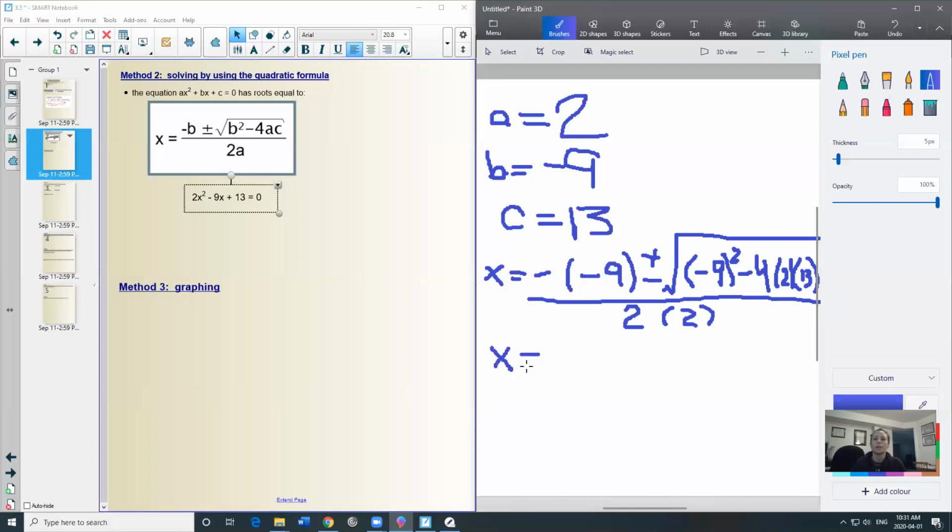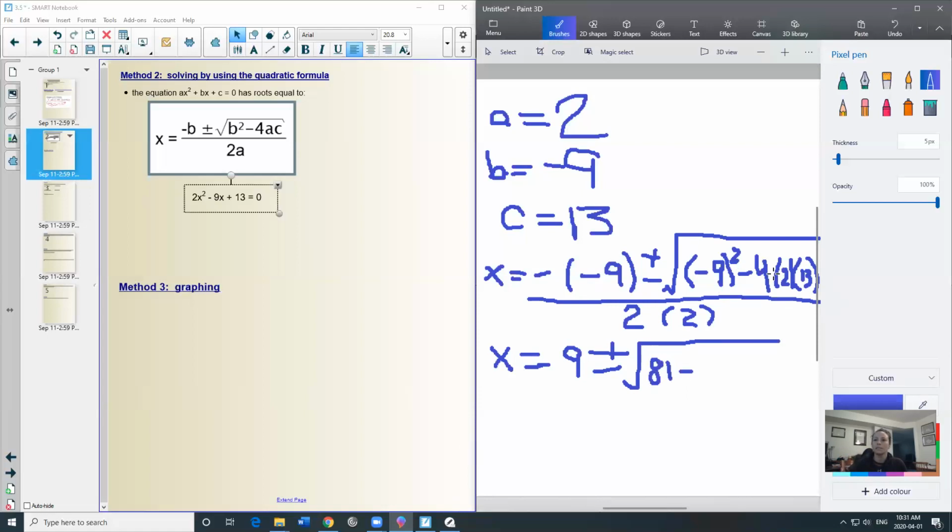A negative times a negative is positive, so this is going to give us positive 9. Then we are going to plus or minus the square root of this. Negative 9 squared is negative 9 times negative 9, so we're looking at 81.